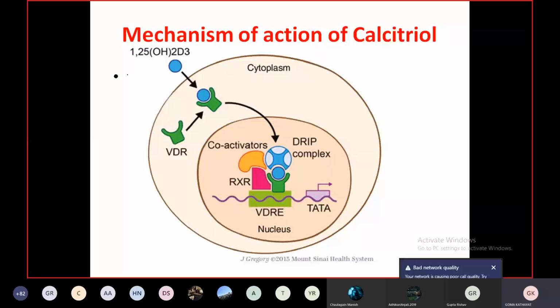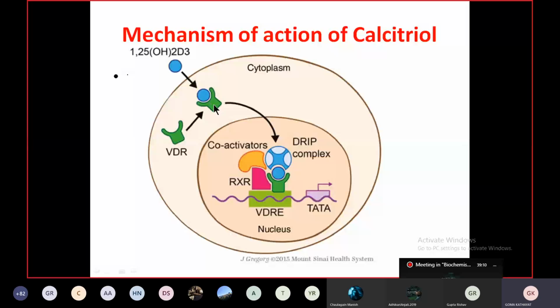Okay, because the mechanism of action of vitamin D is similar to that of steroid hormones. As I said, once vitamin D is activated in the kidney, it is transported to different target cells. There it binds to its receptor present in the cytoplasm and forms the hormone receptor complex.